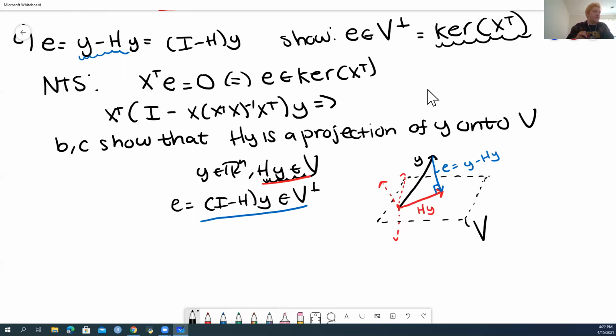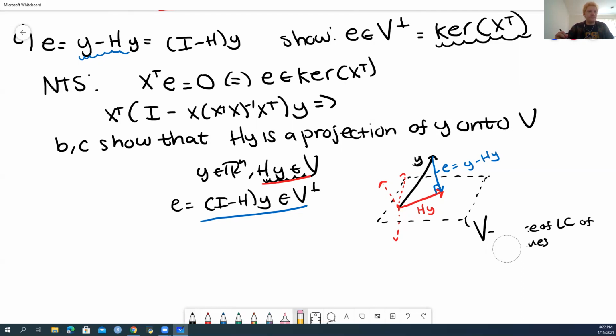And so when you're doing regression, Y is your data, HY is your estimate, and V is the space of linear combinations of, is that right?